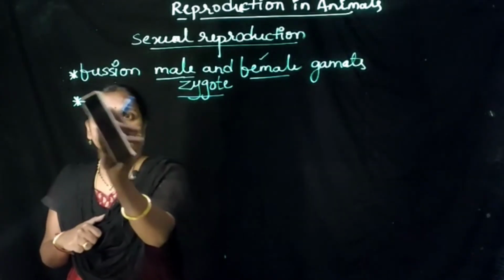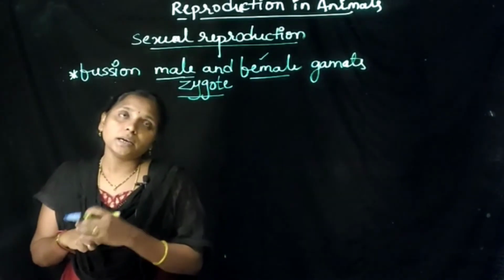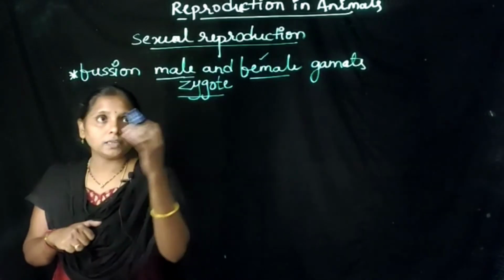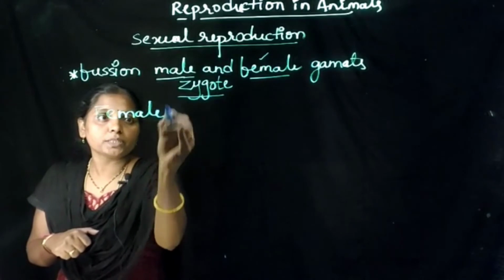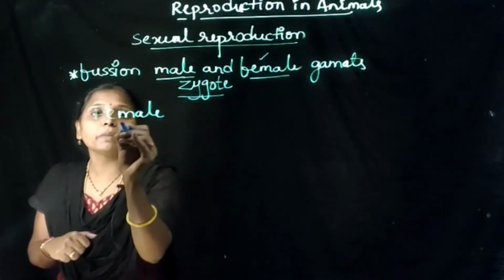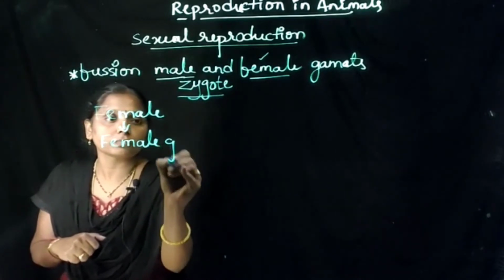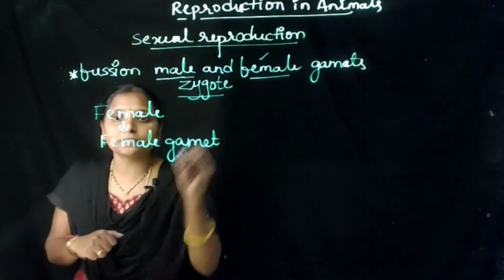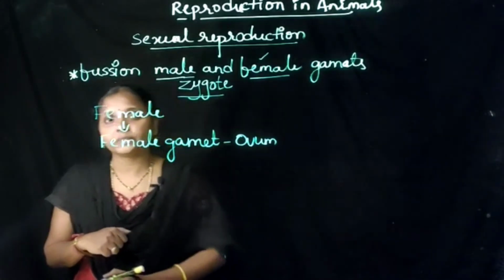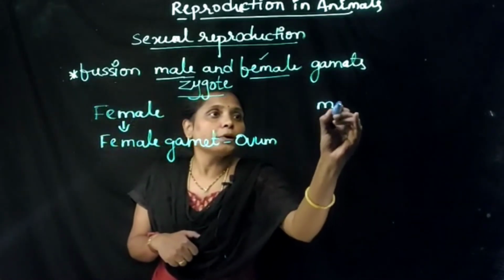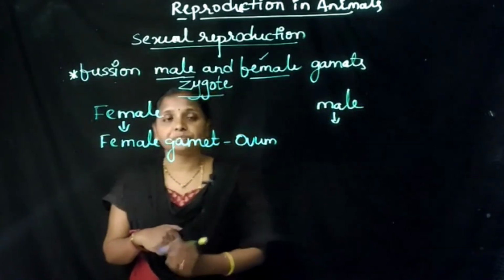Here, what happens in the sexual reproduction process? The female produces her female gamete. Commonly, this female gamete is known as the ovum. And the male produces the male gamete.